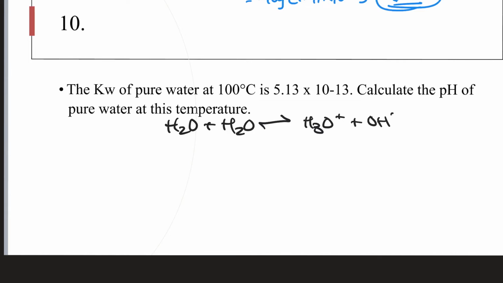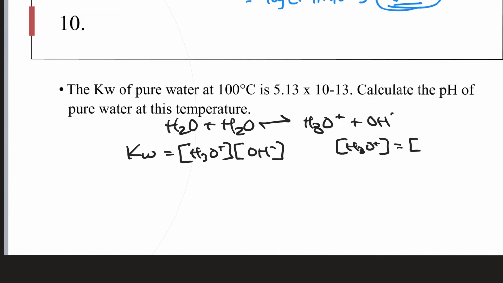For Kw purposes, it's the concentration of H3O plus times the concentration of OH minus. Since we're talking about pure water, which is always neutral, the concentration of hydronium is equal to the concentration of hydroxide.